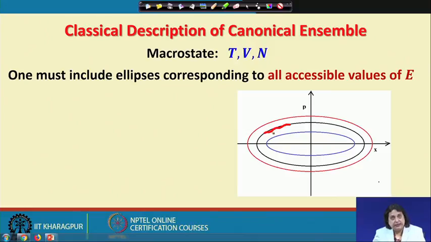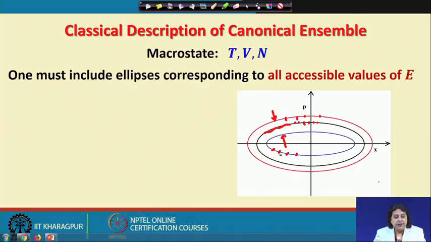But since it is interacting with the thermal reservoir, in order to keep the temperature constant, it will either absorb energy, whereby its energy will go to a higher value, or it will give out energy to the reservoir, whereby its energy will go to a lower value. So, it is not only the microstates on this black curve, but the system will have access to all the points on this red curve as well as all the points on the blue curve.